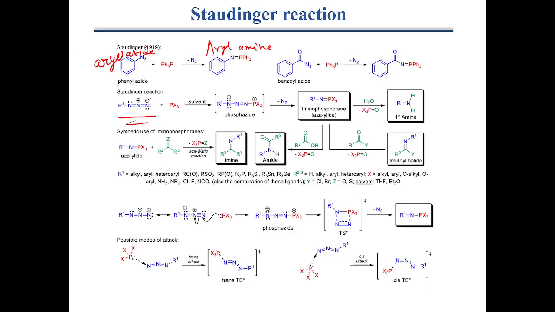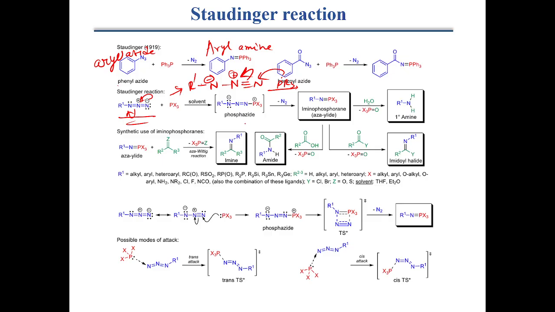If I write this way, this is the resonating structure, N minus, N plus triple bond. Now this azide in the presence of phosphine reacts this way and this will neutralize this one.